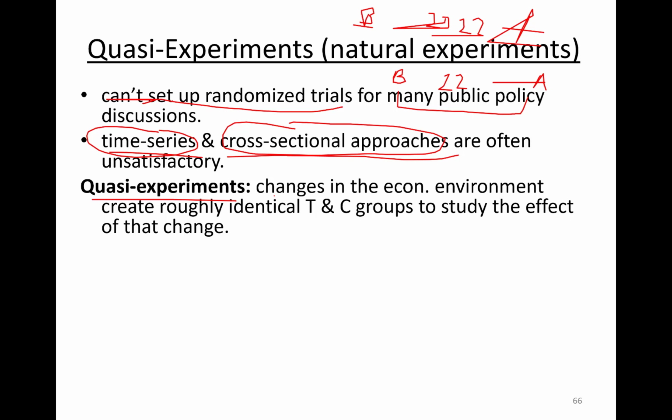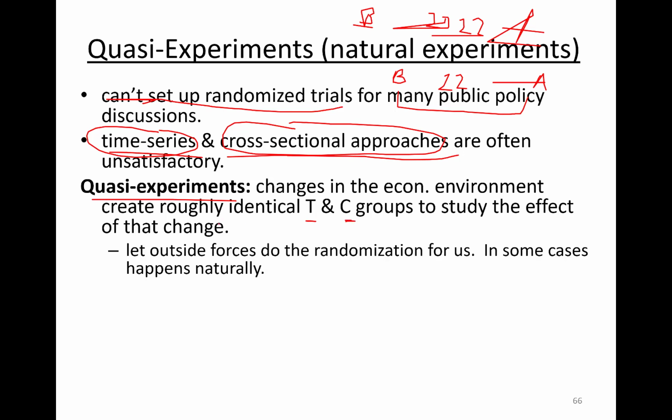So this is basically changes in the economic environment. This is policy change, okay? That creates roughly identical treatment and control groups to study the effect of a policy change, okay? So what we do is we let outside forces do the randomization for us. How does it work? For instance, two states, state A and state B, so Texas and Oklahoma, right?